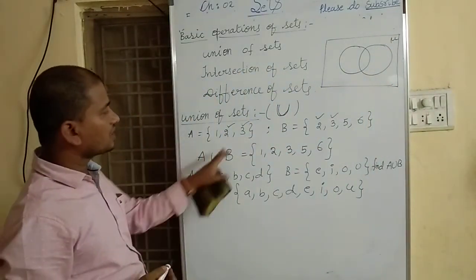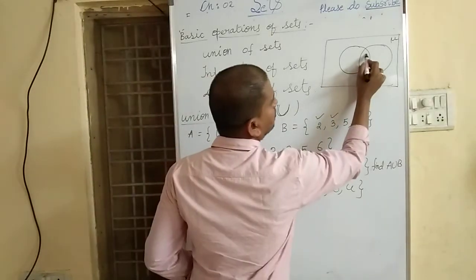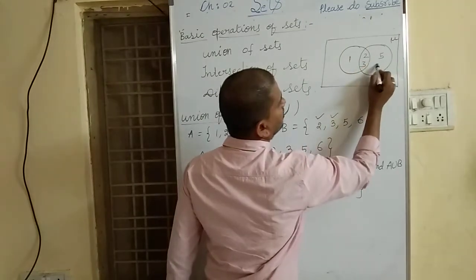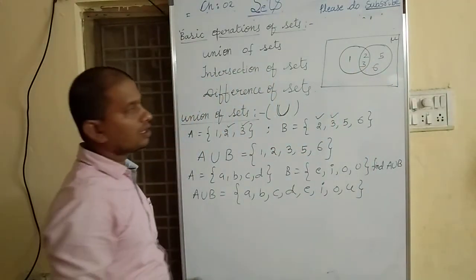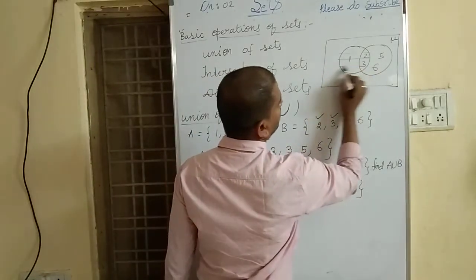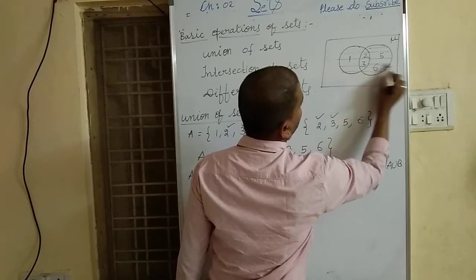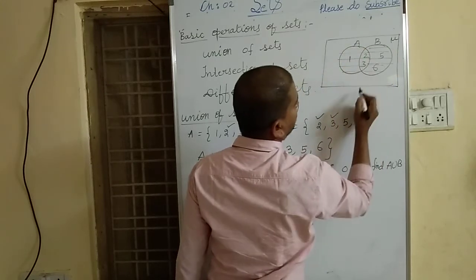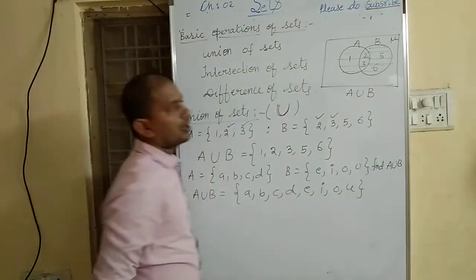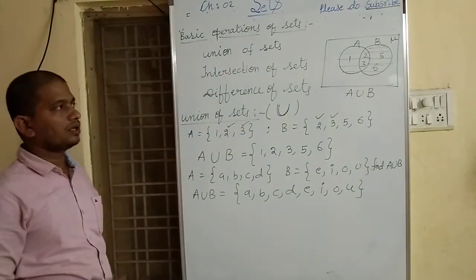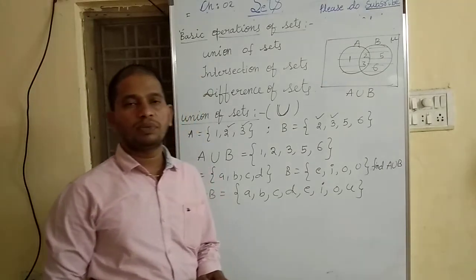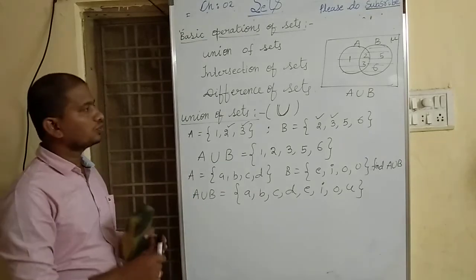Is there any common elements here? 2, 3. Then 1, and here 5, 6. Union means all the elements. This is our set A and this is our set B. This diagram represents A union B. Union, all the elements of set A as well as set B we have to write. Okay, that is union of sets.